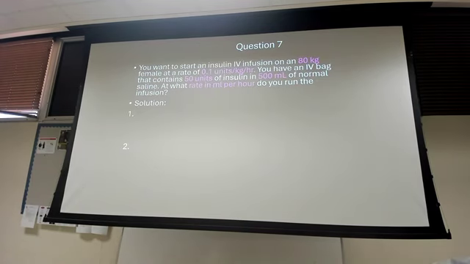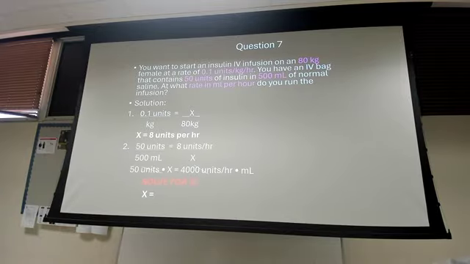Right, so first we will multiply the 80 kilograms by the 0.1 units to find how many units they should be receiving. So 0.1 times 80 equals 8 units per hour. Next, we will take the 50 units over 500 milliliters, which is contained in normal saline, and set that equal to how many milliliters she'll need.